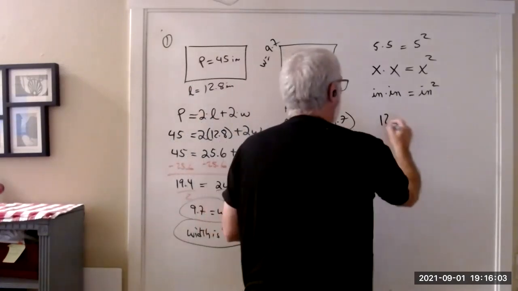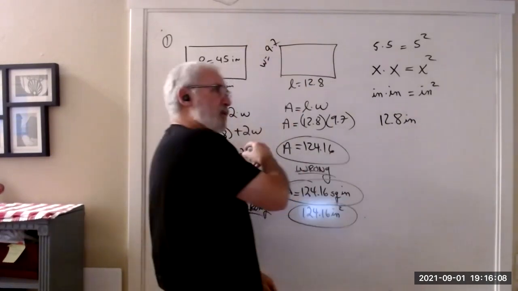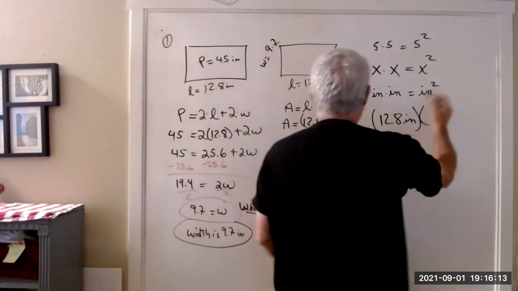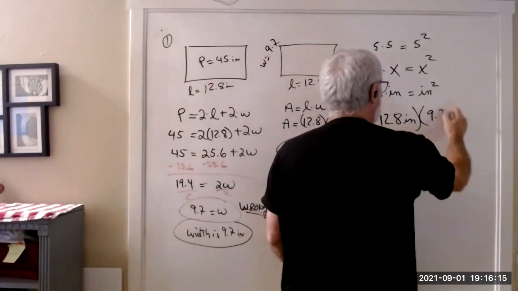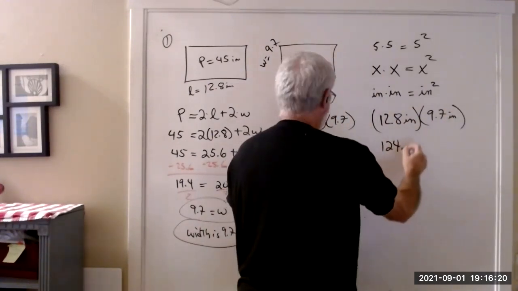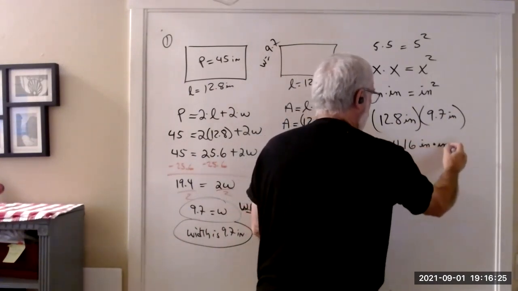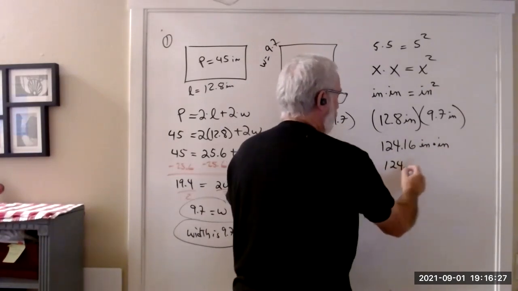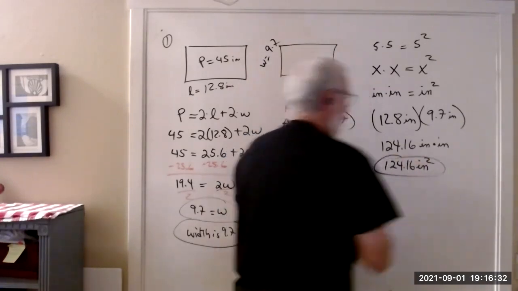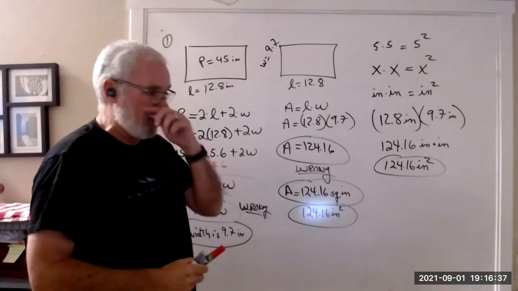So if we weren't lazy like I was and I actually wrote 12.8 inches times 9.7 inches, I would have 124.16 inches times inches, or 124.16 inches squared. That's a math or science way of showing you how to get the proper units.